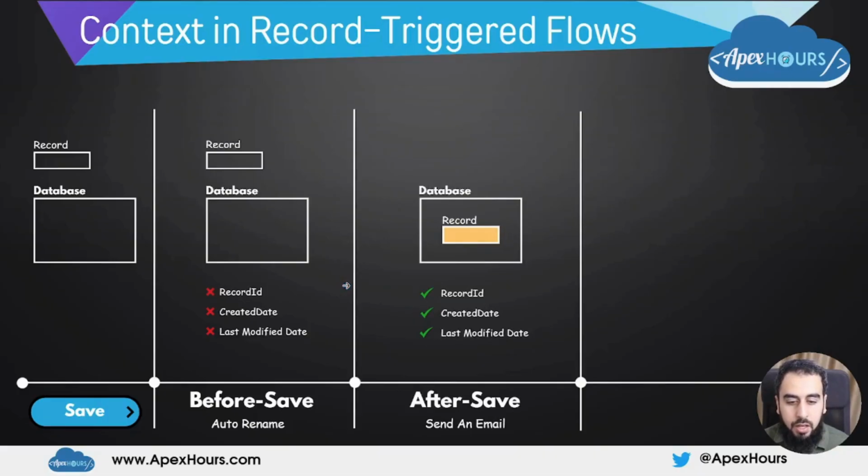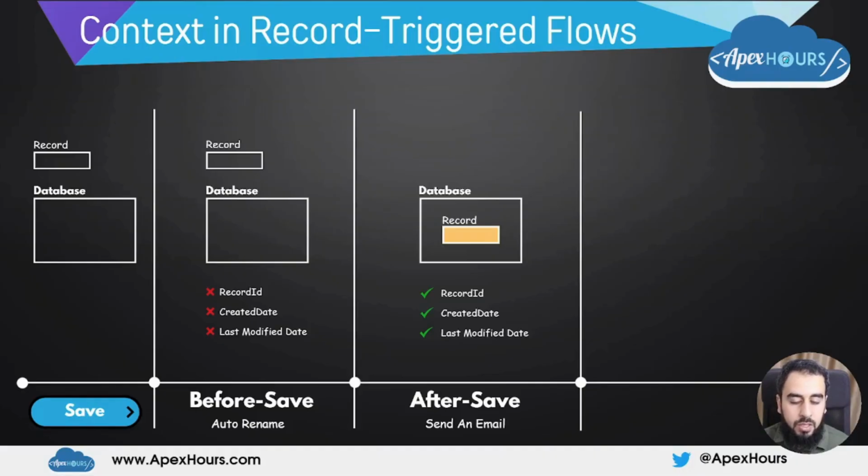Next, immediately after, the after save flow is going to run. Assuming that we have an after save flow on the same object, then after save flow is going to run. After save, you might have an operation like send an email out. This is just an example. There are other things.